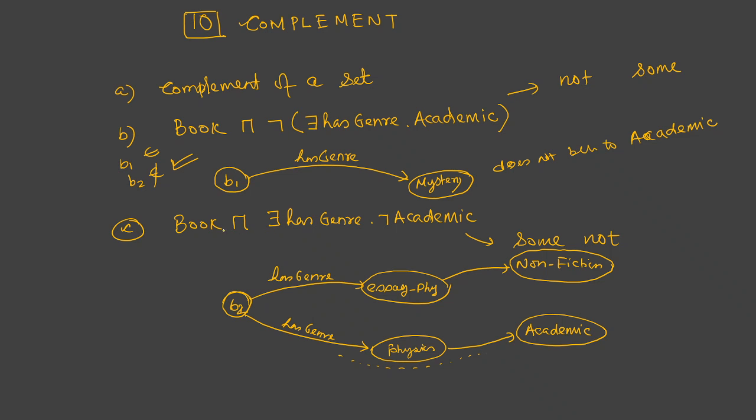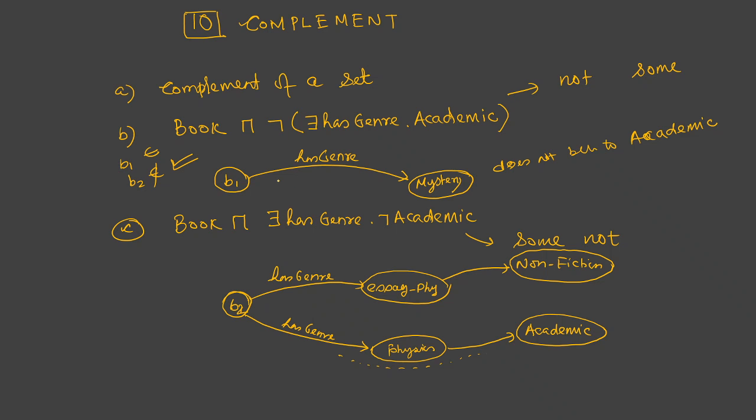So you have book, and then there exists at least one genre that is non-academic, right? Here you have a case like B1 having a genre of mystery, which is basically a non-academic genre.